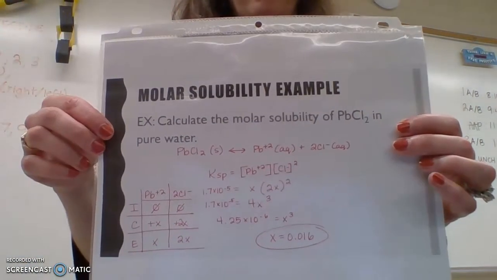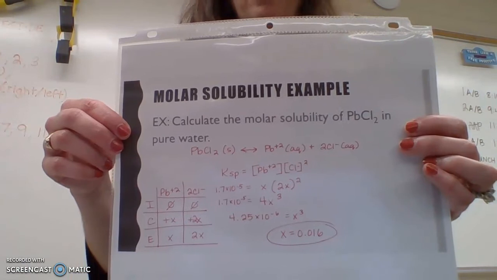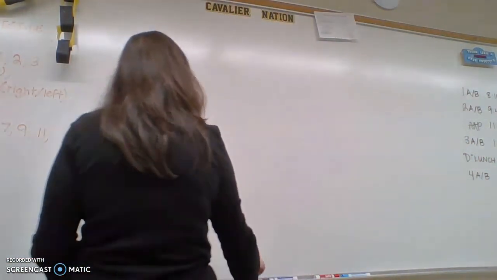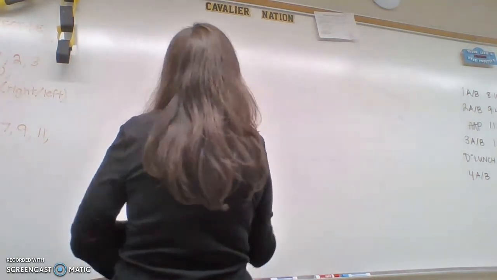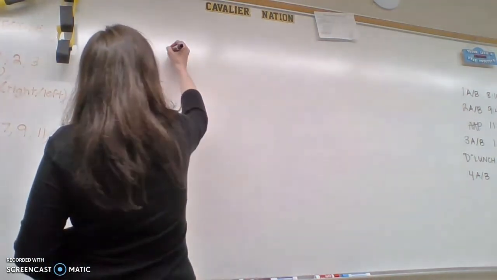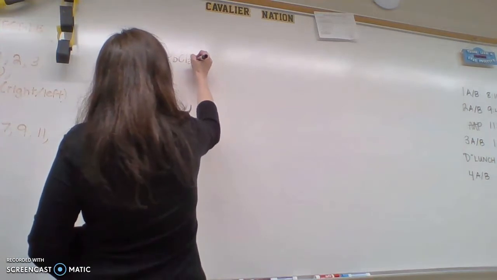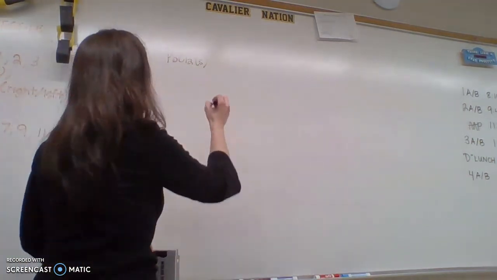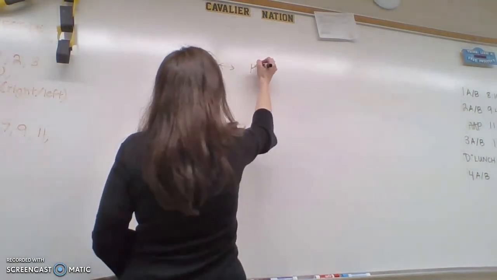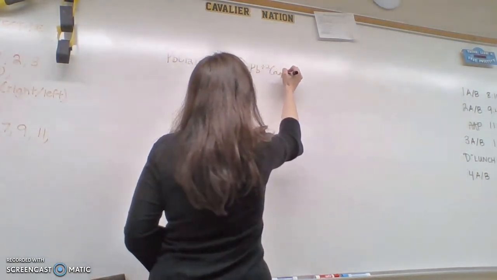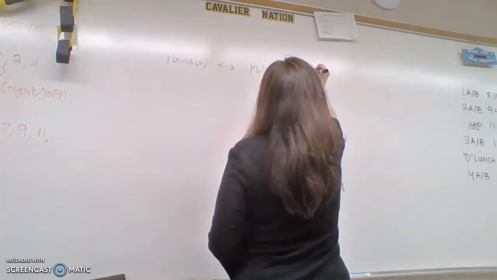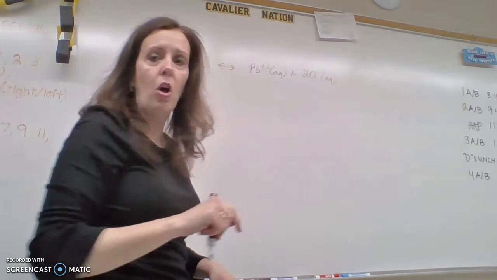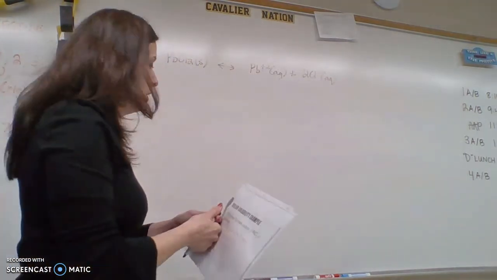Molar solubility. Calculate the molar solubility of PbCl2 in pure water. What am I talking about when I talk about molar solubility? Lead(II) chloride is a solid, and it's going to hit water. And when it hits water, it's going to break down into its ions. So all I did there is break it down into its ions.